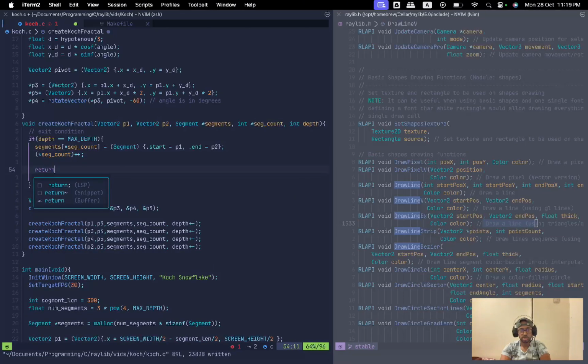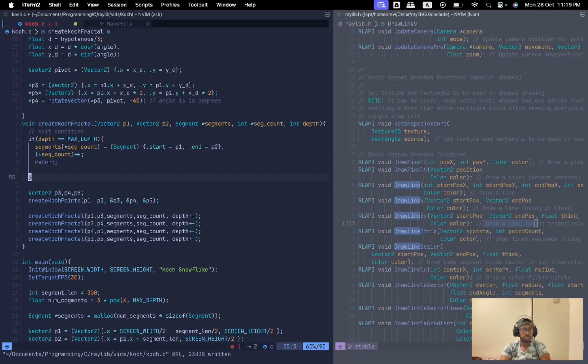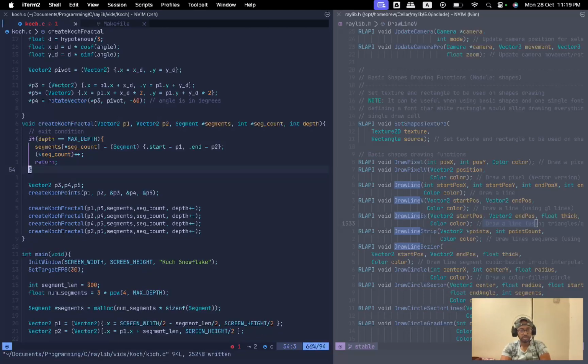Then I need to return out of the loop. Hopefully this works. So when depth is equal to max depth, I need to add to segments, increment segment count, and return. Okay, I think this will work.